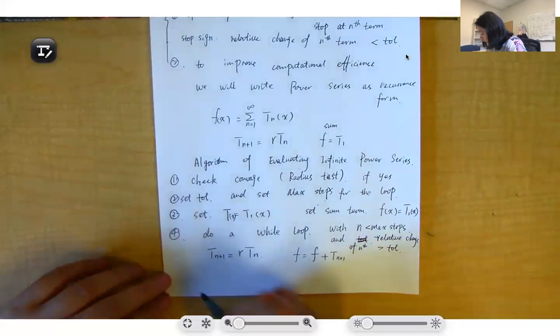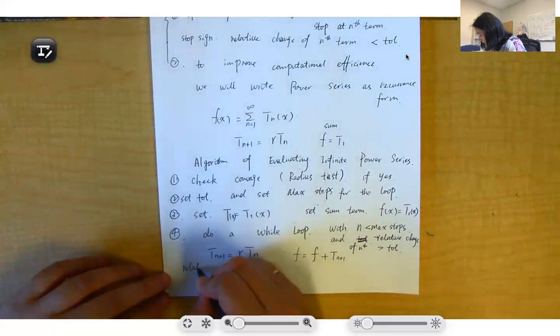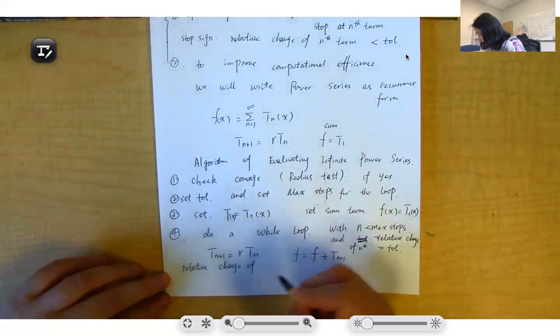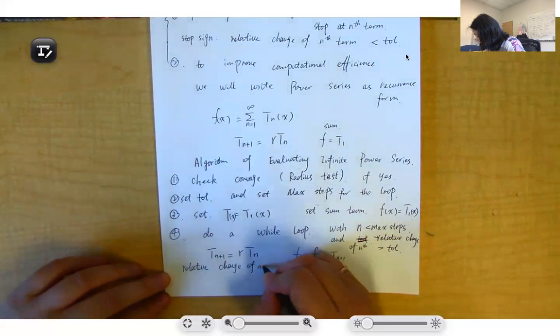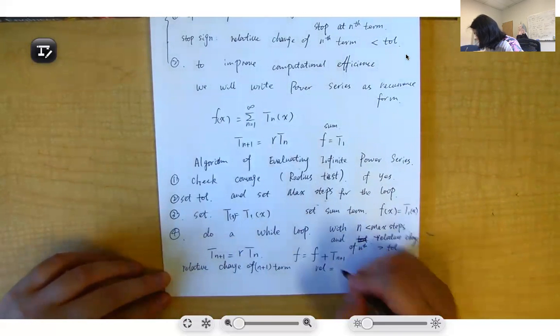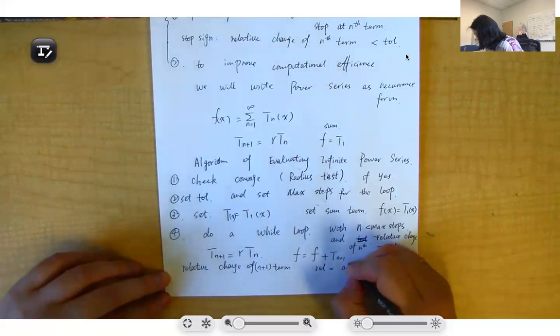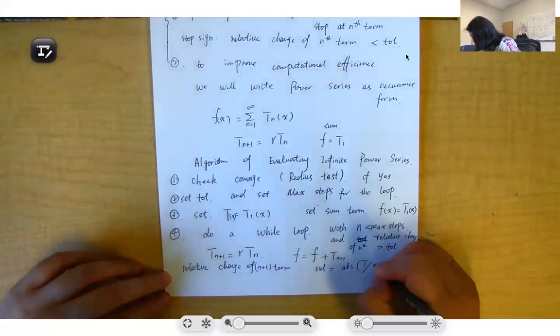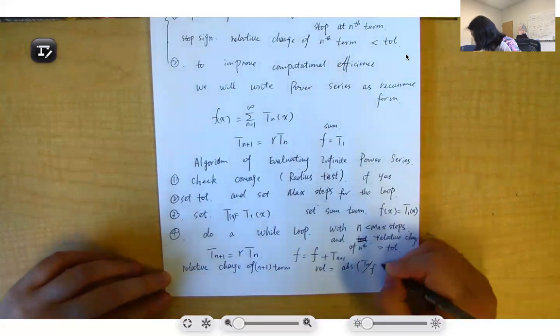Then the relative change of this n+1 term will be equal to the absolute value of t(n+1) over f.